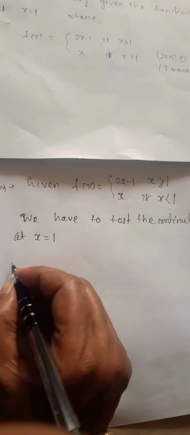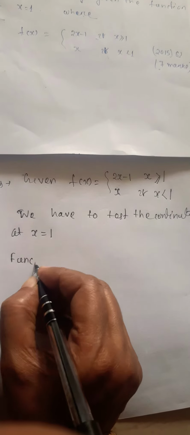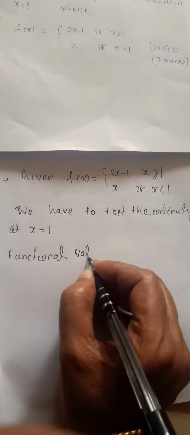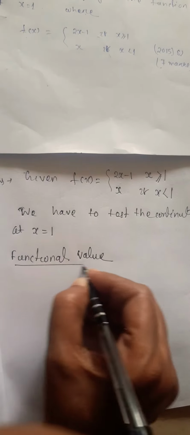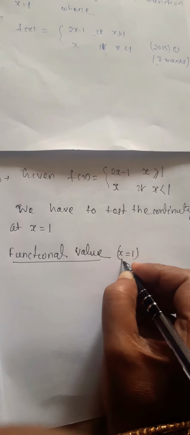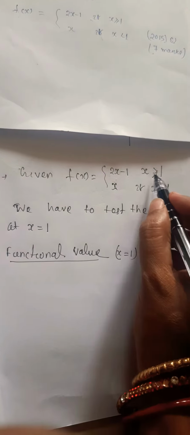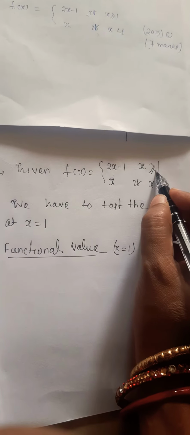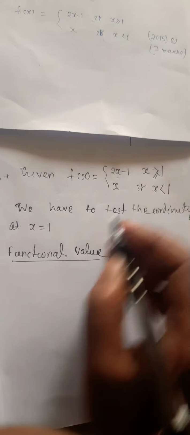For this, we first have to find the functional value, that is the value of the function when x is exactly equal to 1. As we have defined here, when x is greater than or equal to 1, f(x) equals 2x minus 1.